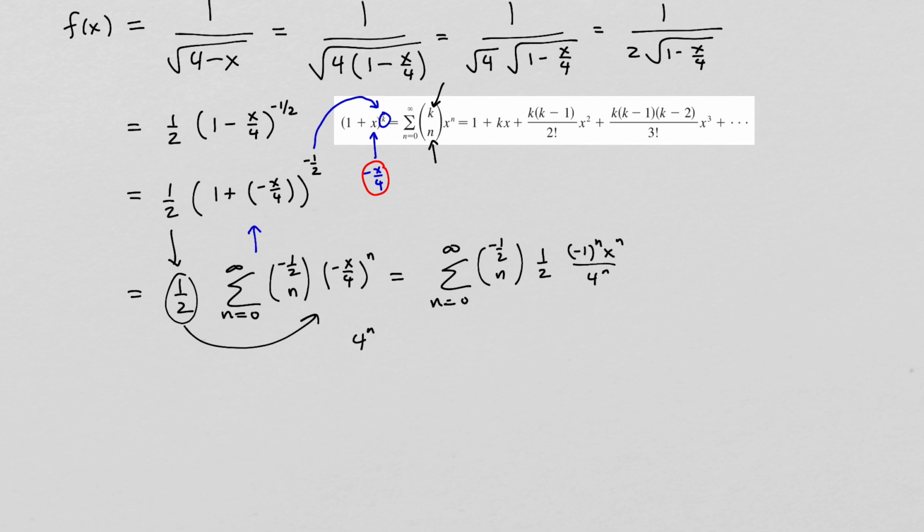Now, 4 to the n is the same as 2 squared to the n, which is 2 to the 2n. So right here we have 2 to the 2n, and then we're multiplying that by 2 to the 1. And so this is going to give us the sum, and then we have negative 1 to the n, x to the n over 2 to the 2n plus 1.